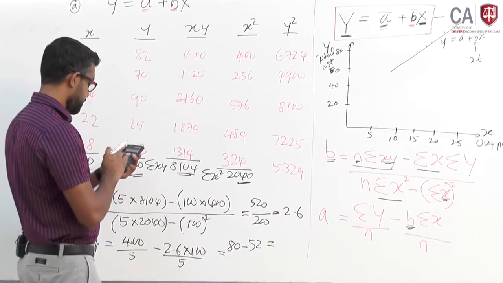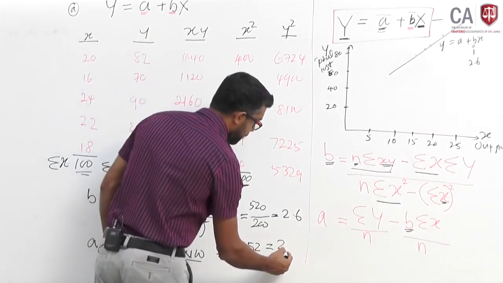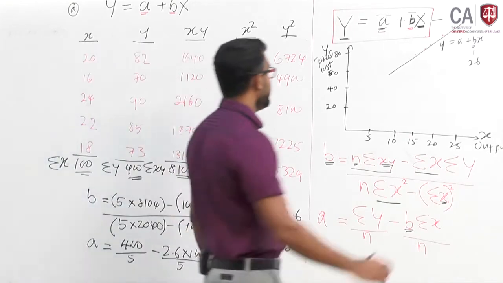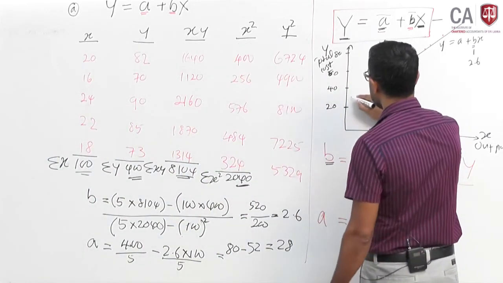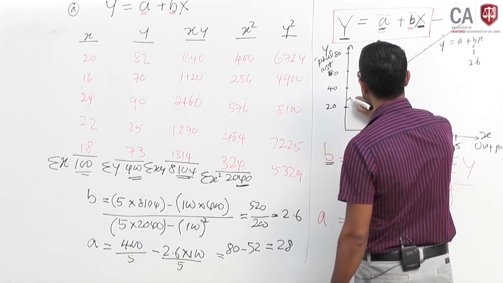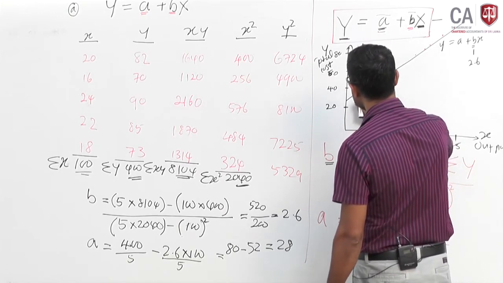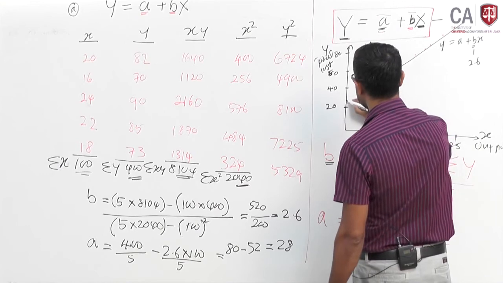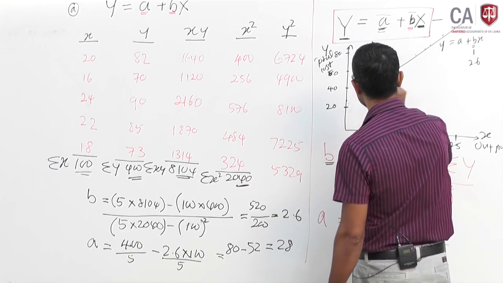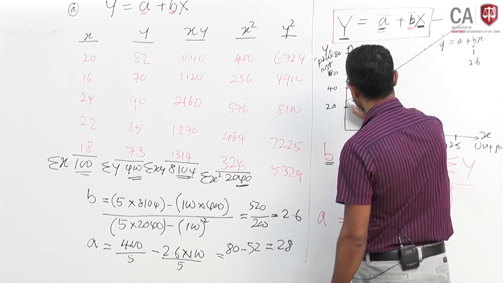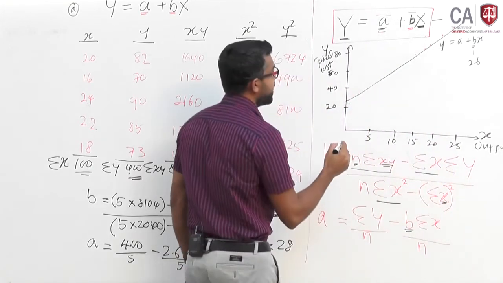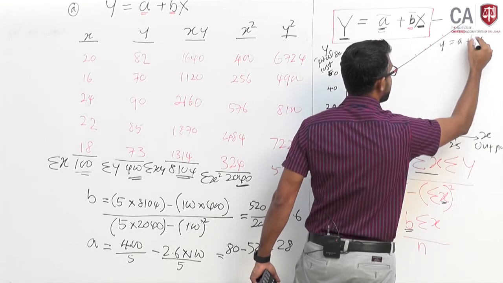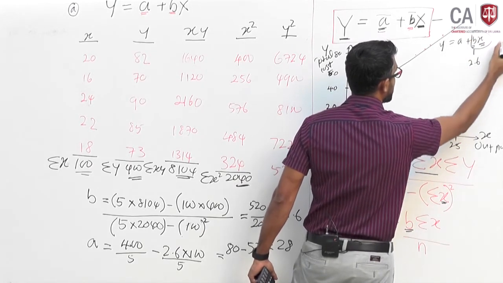28. A means 28. If you bring this line here, when x is 0, this entire part will be 0.